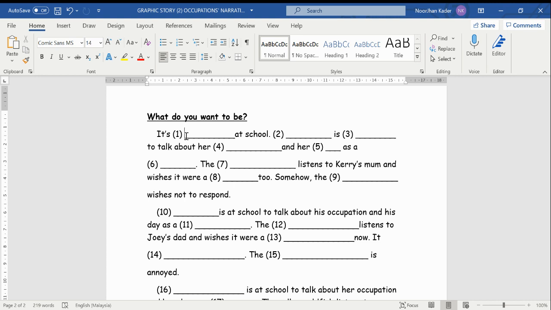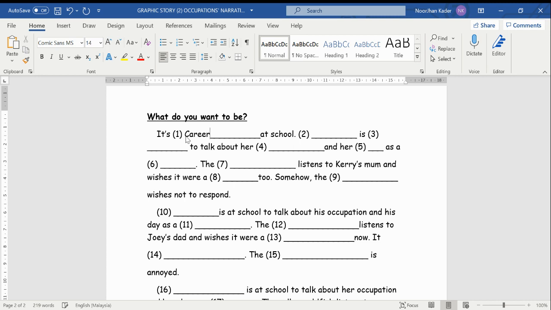You can screenshot and number them, or print out and number the words and phrases. It's difficult because the numbers keep moving here and there. So that's why I purposely decided not to put the numbers. First, I thought I could put the numbers, but it's difficult. Okay, so let's write here: career day.